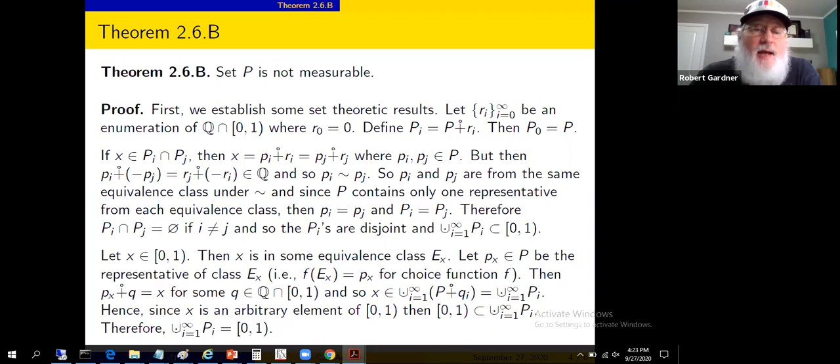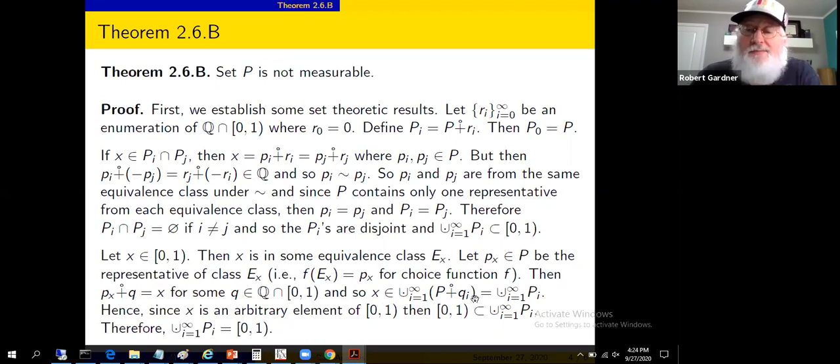That's how we dealt with the equivalence classes. P sub x and x differ by a rational number. Call that rational number q and work mod 1. So there's some rational number q such that p sub x circle plus q equals this x. So x is an element of the union of set P circle plus q sub i, or plus q, I should say, where we've taken the q to be some particular rational number.